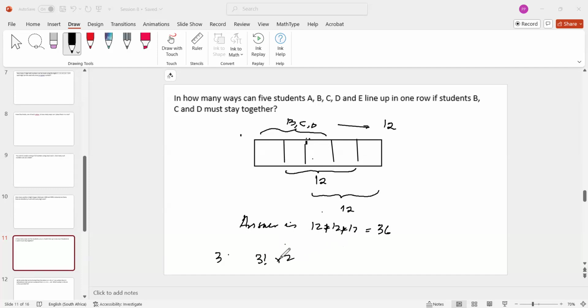So altogether, I'll have 3 times 3 factorial times 2, which is 3 times 6 times 2, and that gives you 36. You could have done it like that. But that is when you're at an advanced level, you can think like that. But here, you can work it out from first principles and see exactly what's going on there. Okay, let's get on to the next problem.